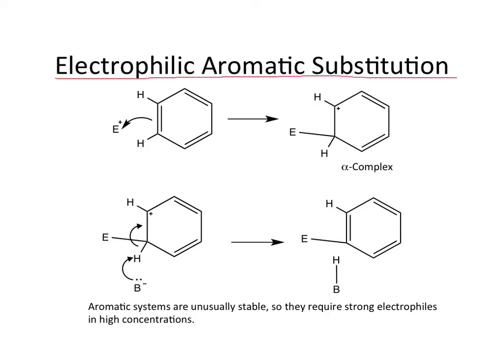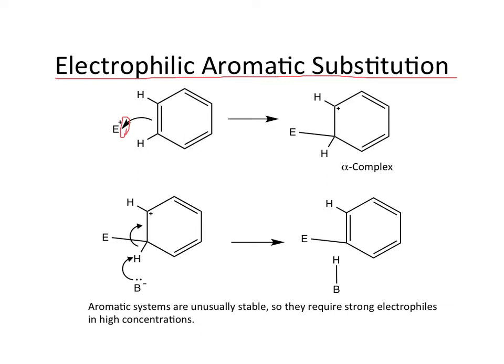So, in an electrophilic aromatic substitution, we have an electrophile. And as we said before, an electrophile is something that has usually an empty atomic orbital, or an atomic orbital that we can make empty.